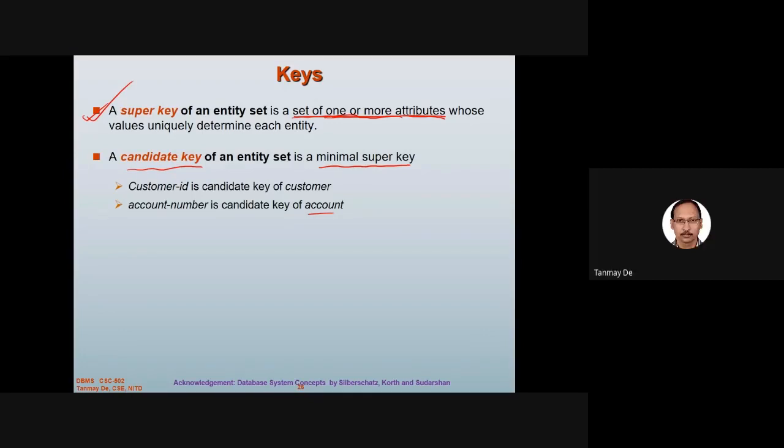So a super key is, for example, customer ID, city. This is a super key. Maybe customer ID, city, street. This is also a super key.